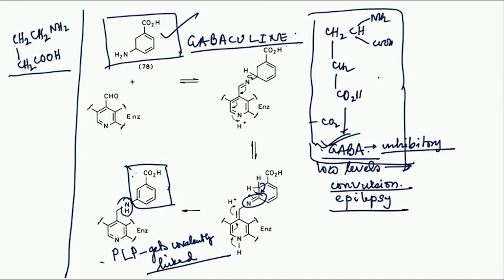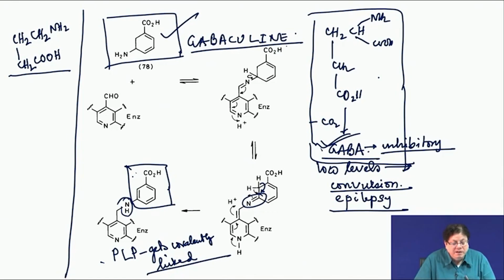If somebody asks what the mechanism is, you can say that it is irreversibly inhibiting the transaminase enzyme. There is a slight difference in the mechanism of action of the two. Vinyl GABA is covalently linked to the enzyme as well as to the cofactor. Here it is linked to the cofactor, but if you can neutralize the cofactor, the enzyme cannot act either, because the enzyme needs this cofactor to function as a transaminase enzyme.